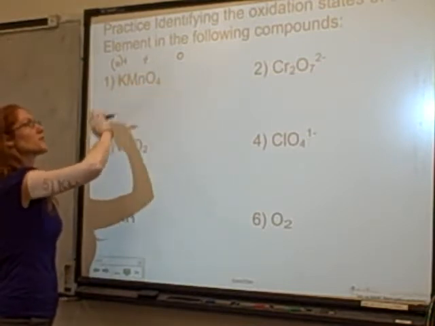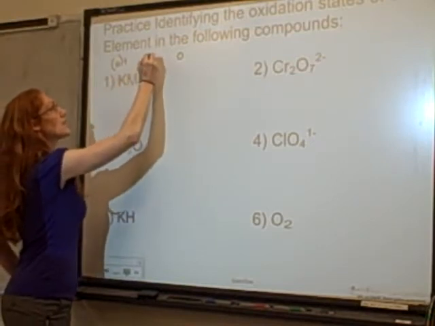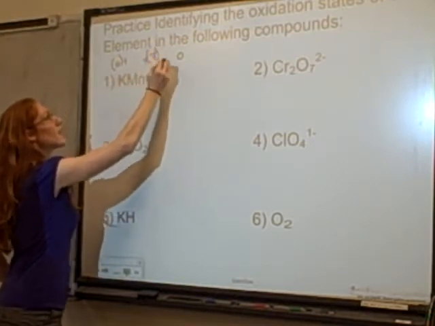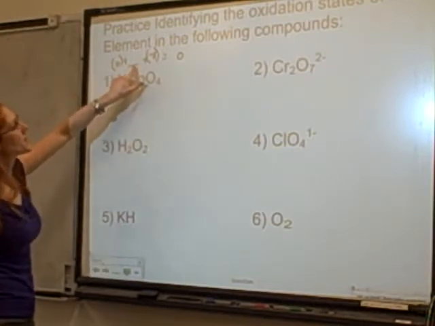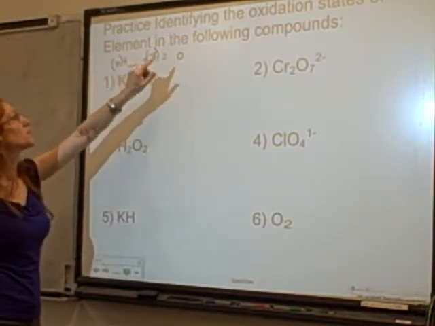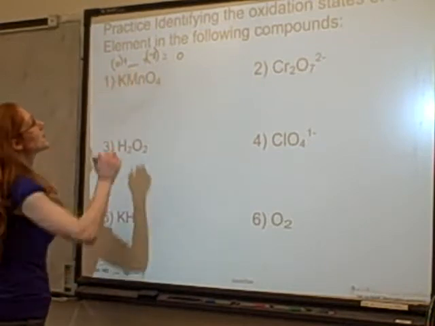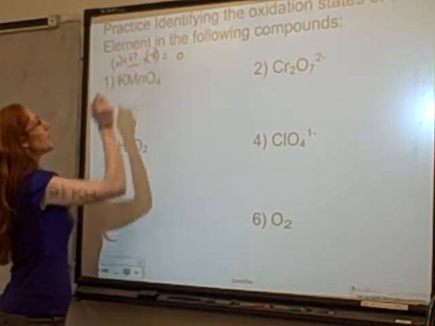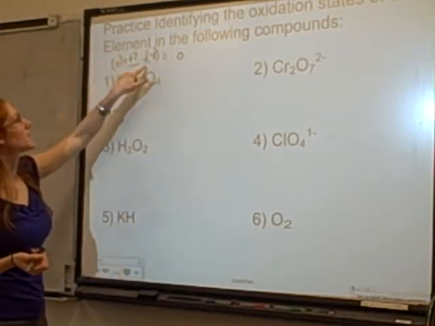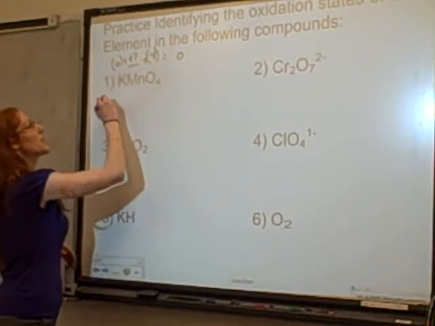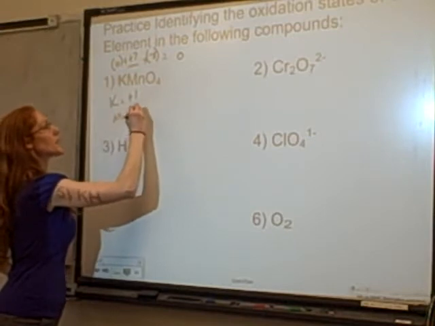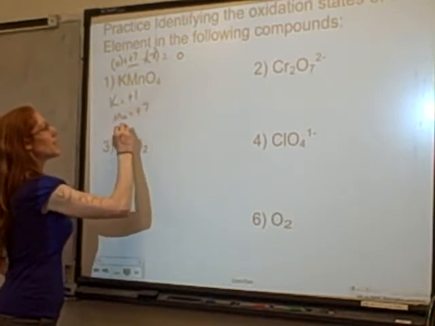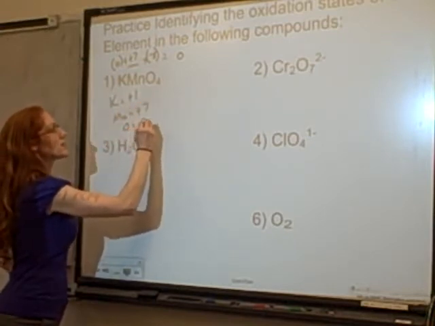There are 4 oxygens, so -2 times 4 is -8. So basically I need +1 plus something, minus 8, to equal 0. So I'm going to need a +7, right? 1 plus 7 is 8, 8 minus 8 is 0. So the potassium equals +1, the manganese equals +7, and the oxygen equals 2-.